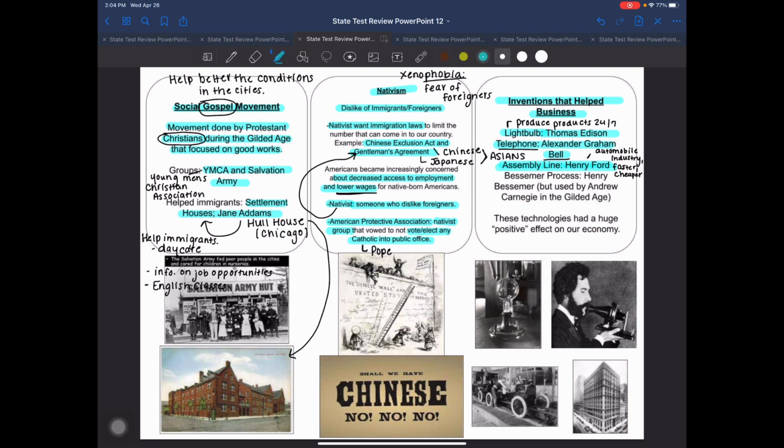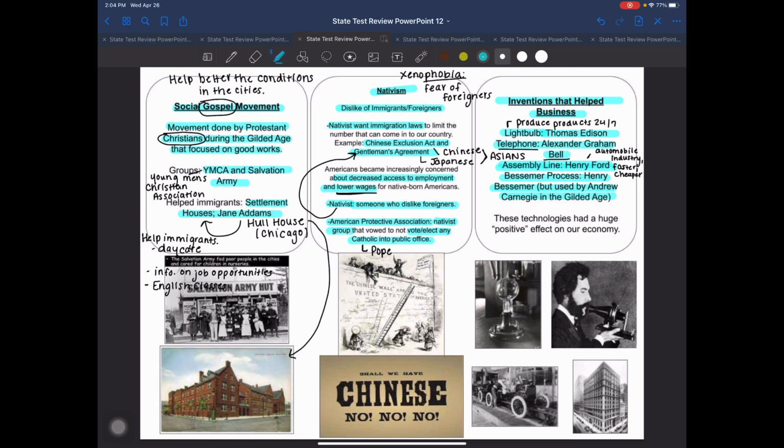The next process invention is going to technically be called the Bessemer process, and this was invented by a man named Henry Bessemer, and Henry Bessemer is going to start this process in Europe.